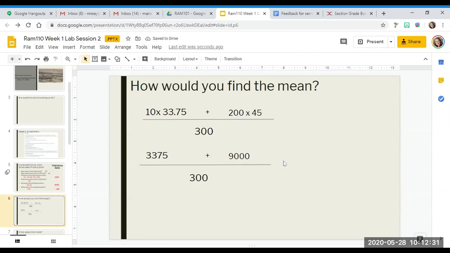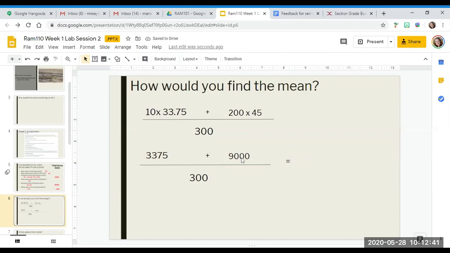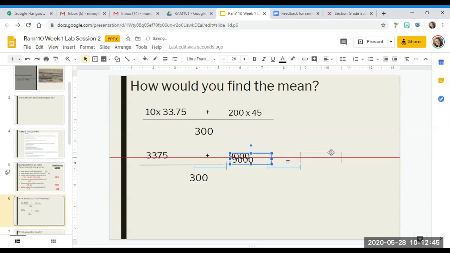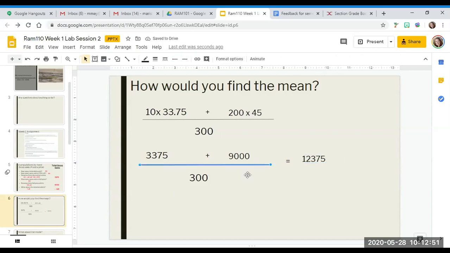Okay, so now let's go ahead and add on the top here. So our 9,000 plus our 33.75, that's going to give me 12,375. And we're still going to divide by our 300, and we're going to get our average price of our shirt.